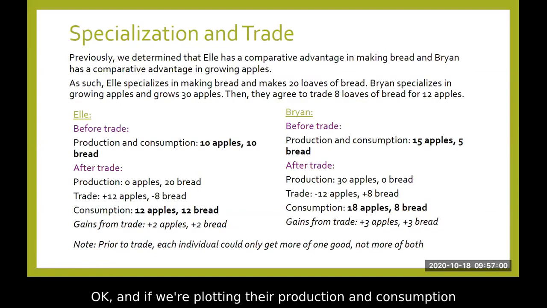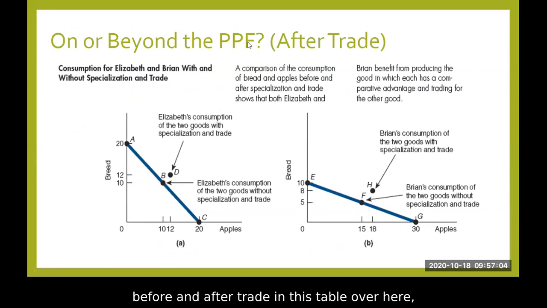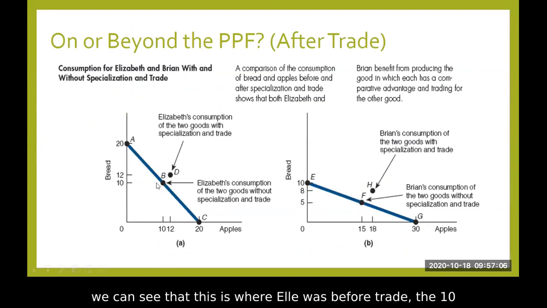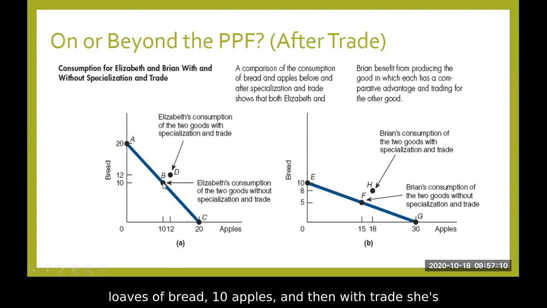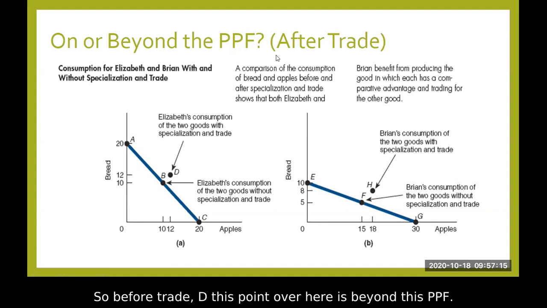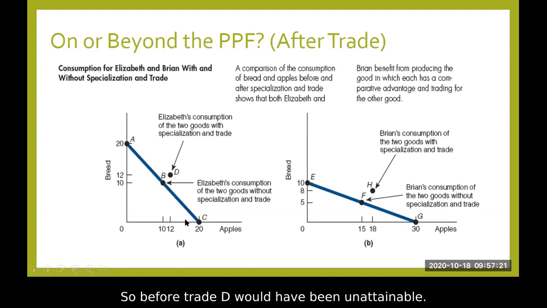Okay, and if we're plotting their production and consumption before and after trade in this table over here, we can see that this is where Elle was before trade, the 10 loaves of bread, 10 apples, and then with trade, she's able to get 12 loaves of bread and 12 apples. So before trade, D, this point over here, is beyond this PPF. So before trade, D would have been unattainable.